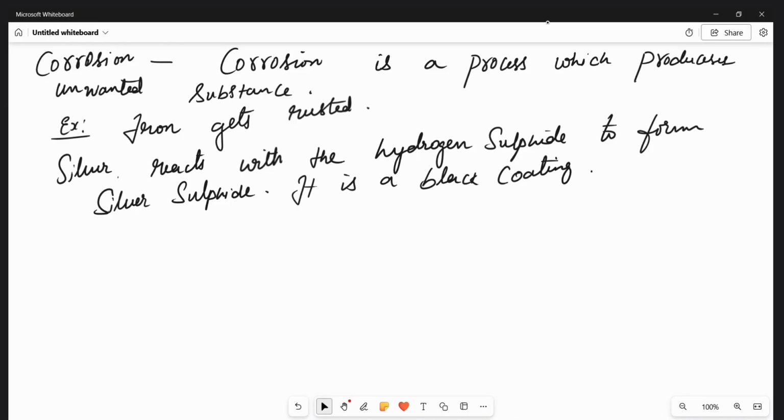Okay, what about copper? Will it corrode? What happens? Which color is green? Copper will form a green coating. Even that green coating is actually poisonous in nature.